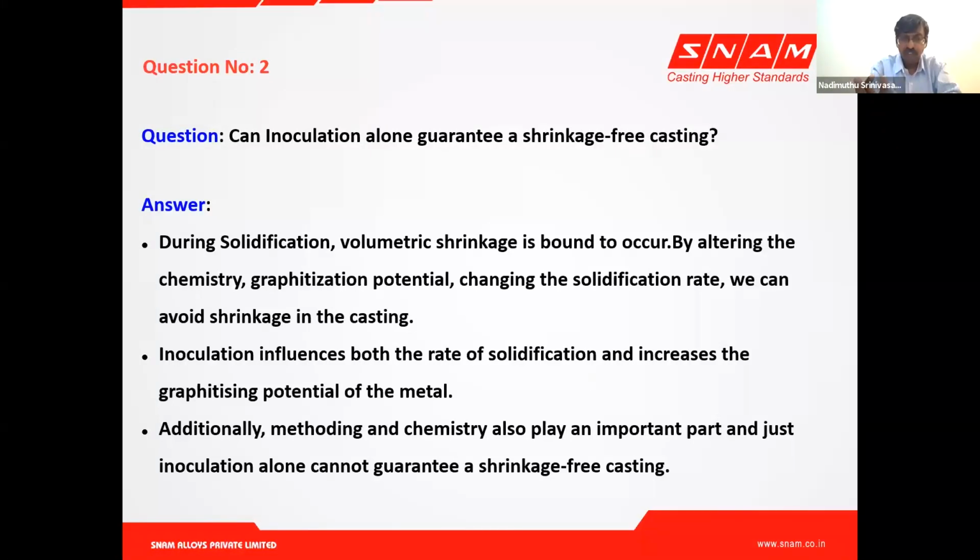So you need the rate of solidification, which can be controlled by your methoding; your chemistry, which influences the TL and TE low, the liquidus and the solidus temperature; and inoculation, which provides a nucleation site where the graphite sits and expands. All these three in combination can provide you a shrinkage-free casting. Inoculation alone will not provide you the solution.